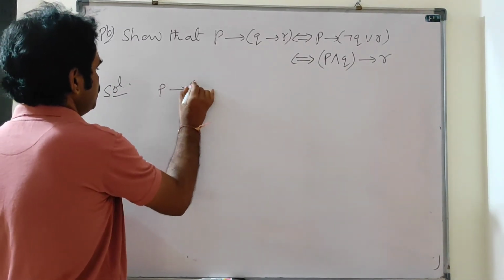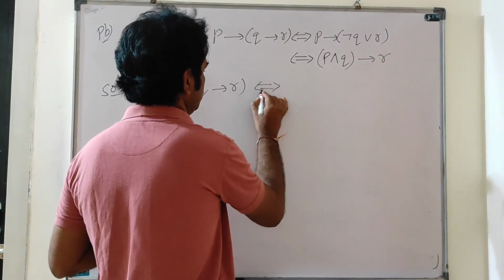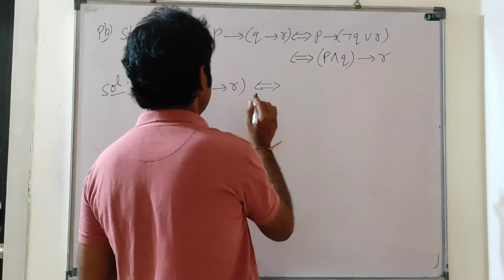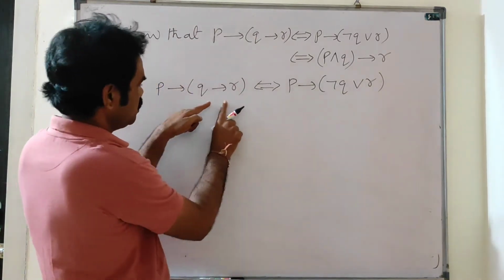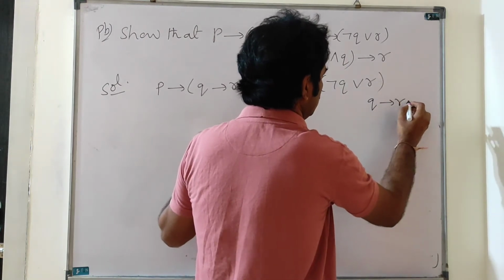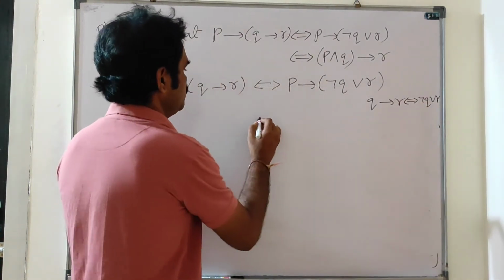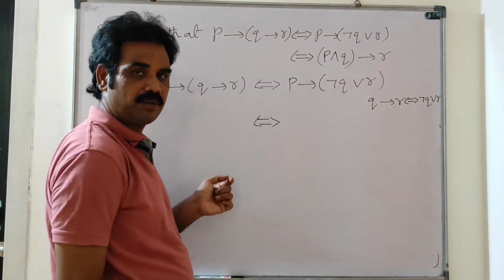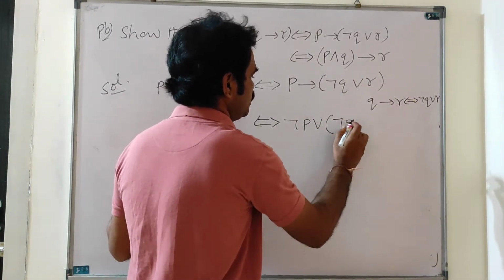P implies (Q implies R) is logically equivalent to, you know that P implies Q is equivalent to negation P or Q. That's why this can be written as P implies (negation Q or R), since Q implies R is equivalent to negation Q or R. This is equivalent to, again in the form P implies Q is equivalent to negation P or Q, that means negation P or (negation Q or R).